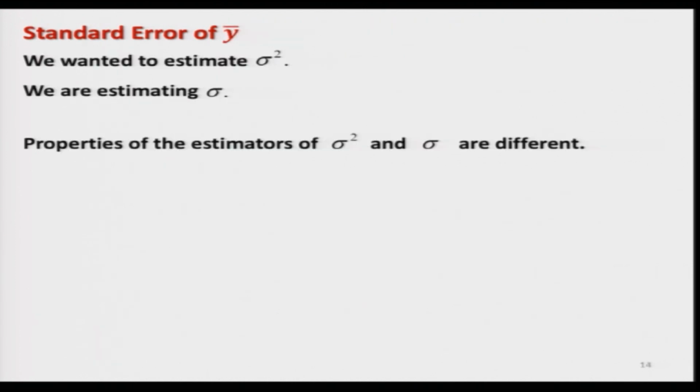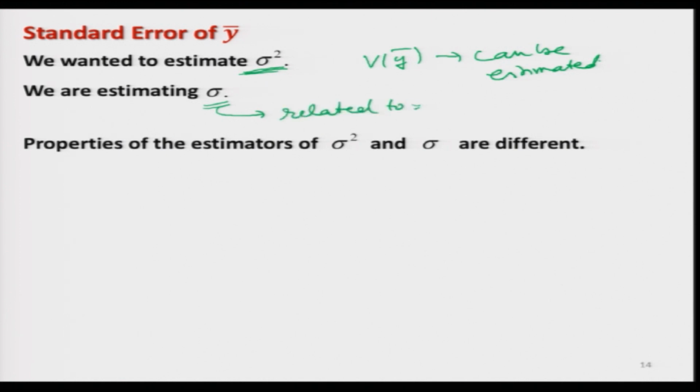Okay, now if you try to understand what we are really doing, you wanted to estimate sigma square, because once you estimate sigma square, then the variance of y bar can be estimated, right? But when you deal with the standard error, you are essentially trying to estimate sigma, right? So this is related to standard error.